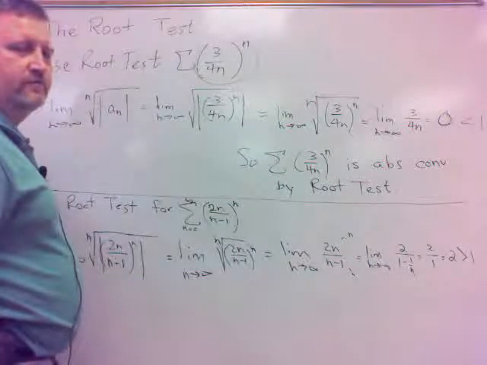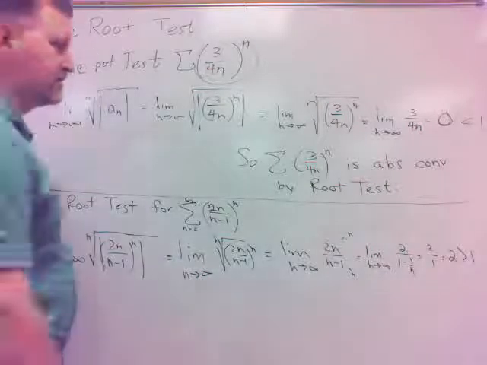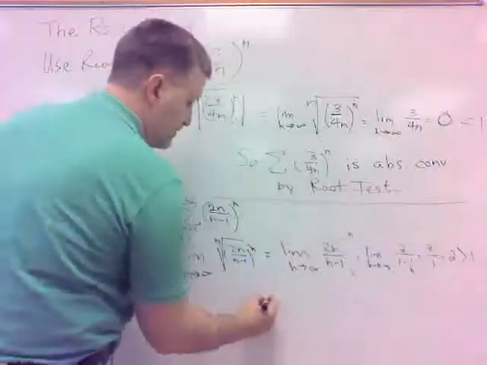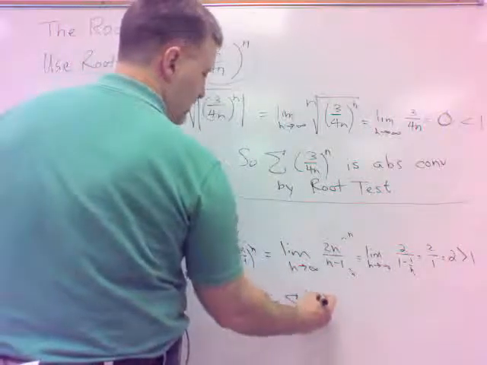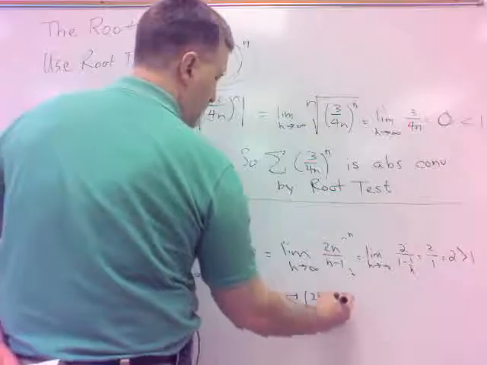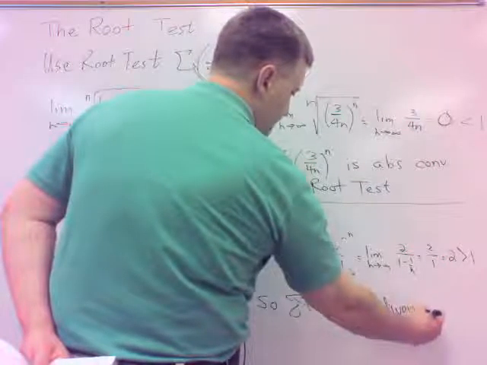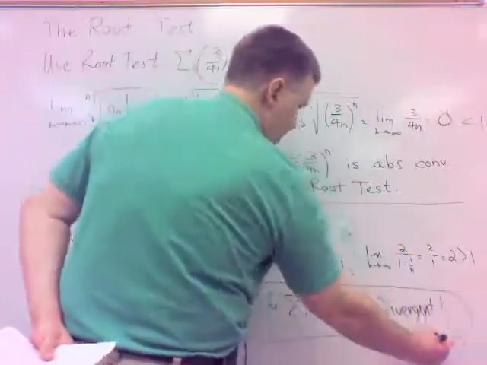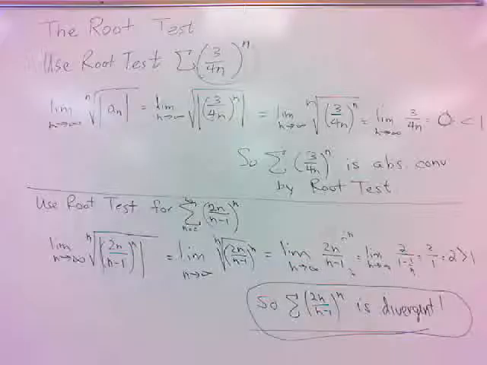So the root test tells me this series diverges. If this limit is greater than 1, then by the root test, the series (2n over n minus 1) to the nth is divergent. Not too bad, huh?